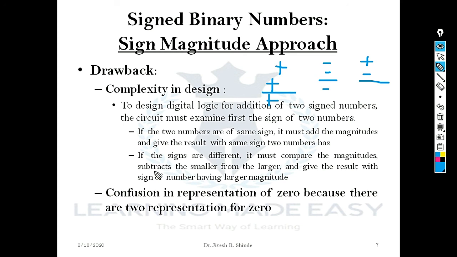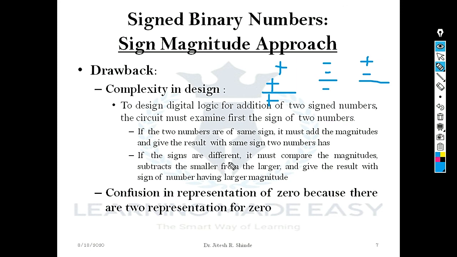To design a digital logic for the addition of two signed numbers, the circuit must first examine the sign of the two numbers. If the two numbers are of the same sign, it must add the magnitudes and give the result with the same sign the two numbers have. Less complexity. Complexity arises if the signs are different.